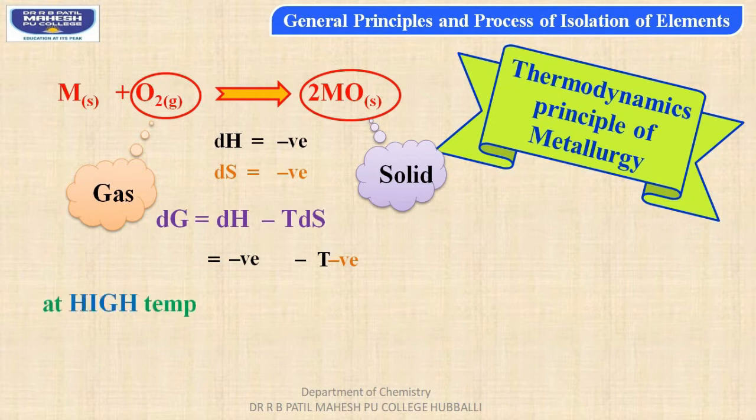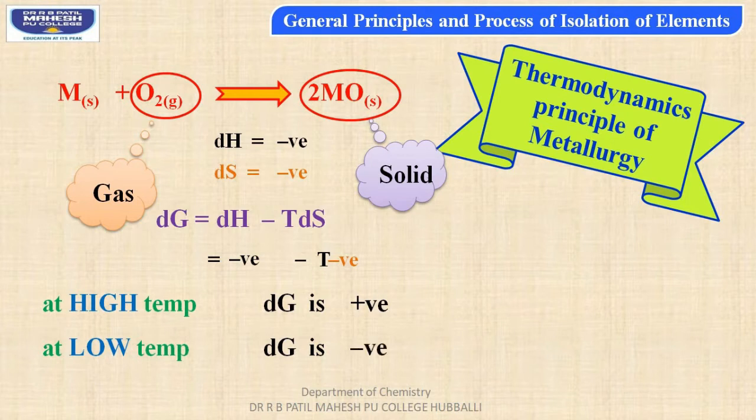Thus students, at a higher temperature the change in Gibbs free energy is positive, whereas at lower temperature the change in Gibbs free energy is negative.